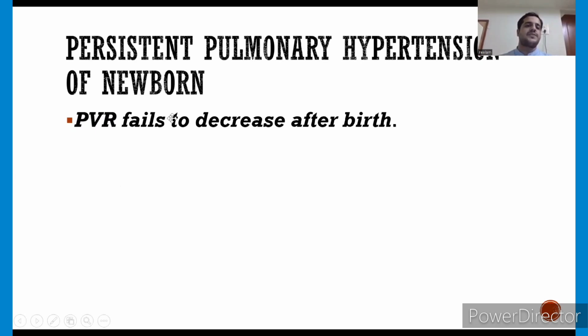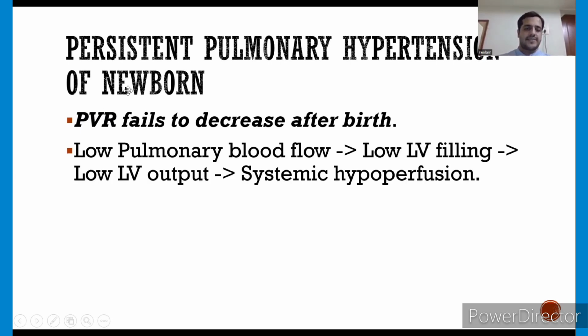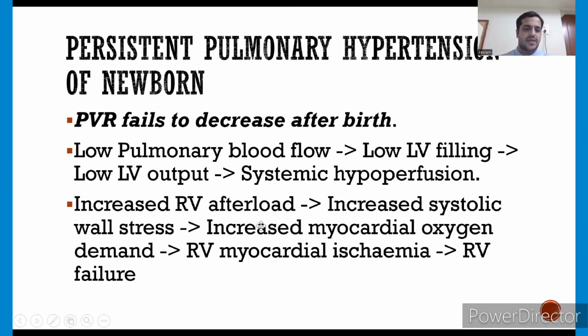But for some reason, because of a problem in the transition, pulmonary vascular resistance does not come down and it remains high. As a result of the high pulmonary vascular resistance, the pulmonary blood flow is low. Because the pulmonary blood flow is low, there is low LV filling, and because LV filling is low, LV output is low, and there is systemic hypotension. Okay, systemic hypoperfusion and systemic hypotension.